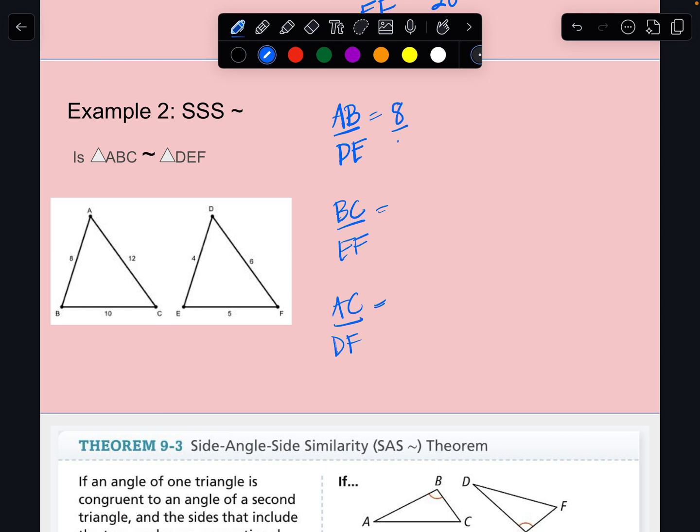So we have 8 over 4, which is 2, 10 over 5, which is 2, and 12 over 6, which is 2. So since they all simplify to 2, we can say yes, these are similar by the side similarity theorem.